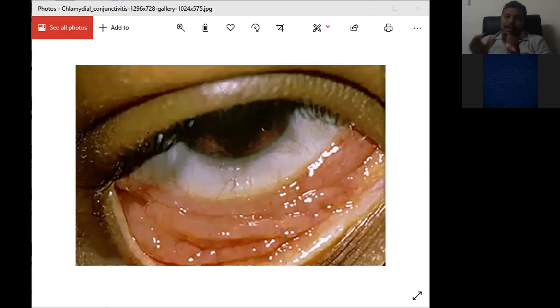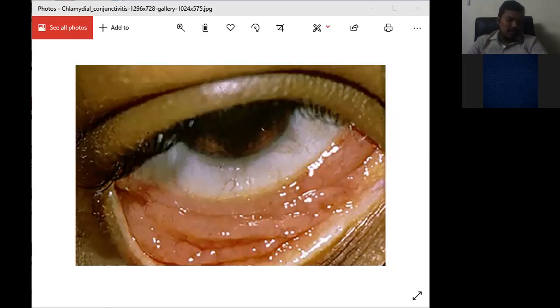Once it enters, it occupies a single cell and makes it the initial body. That single cell is called the initial body, and the surrounding cells will be more fluffy, enlarged, swollen. After a few days, this initial cell will be surrounded with lymphocytes, and finally it will burst out after the reproduction of the chlamydia.